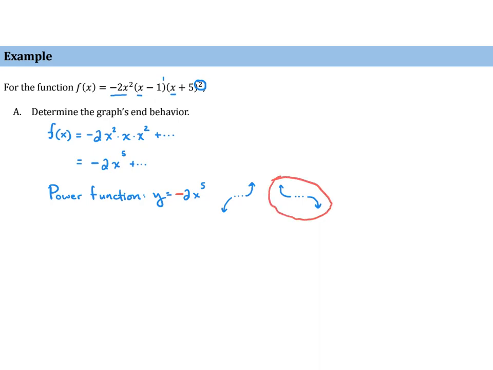So the end behavior is as x approaches negative infinity, f of x approaches positive infinity, and as x approaches positive infinity, that means as we're going to the right, what does y do? f of x, which is y, goes down. So there's our end behavior.